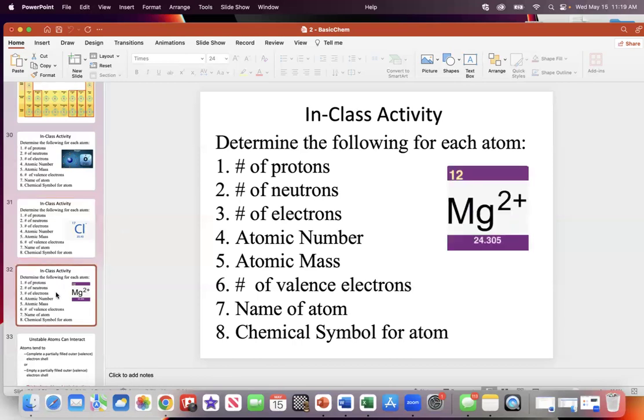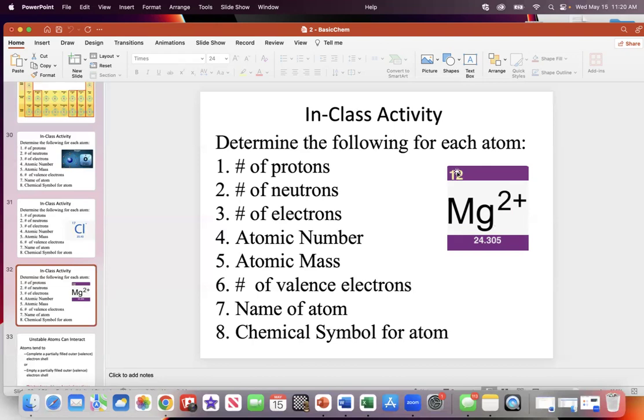Okay, let's practice one more. Magnesium, and this guy has +2. So you know it's an ion. He has 2 positive charge, meaning he has 2 more positive than negative. So he has 2 more protons than electrons. Okay, let's look at this. For magnesium +2, magnesium ion. Number of protons, 12.